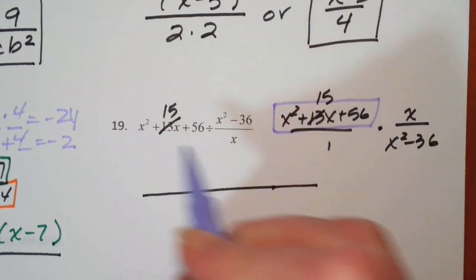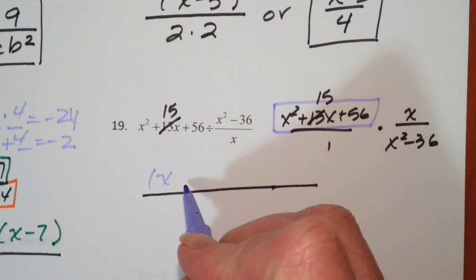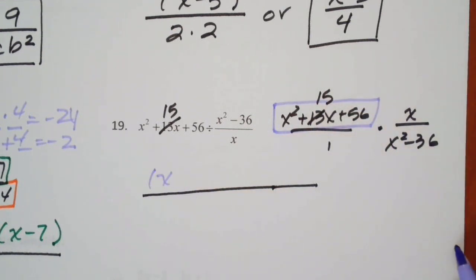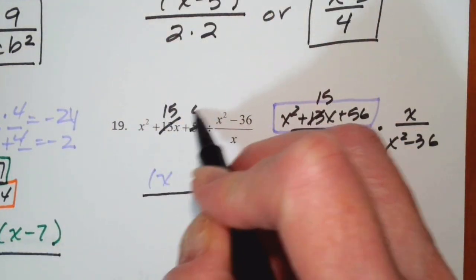Okay, so this is going to be x plus... well, I really botched this one up. I don't think that's what I intended at all. I think this needs to be 13, but this needs to be 42.